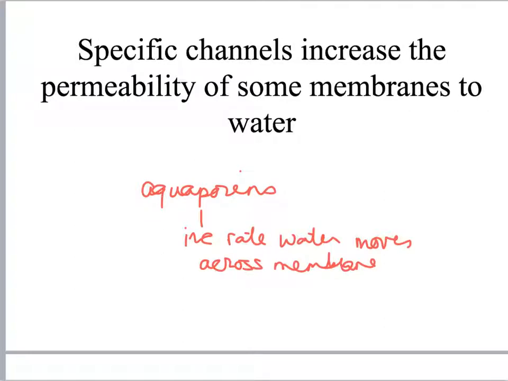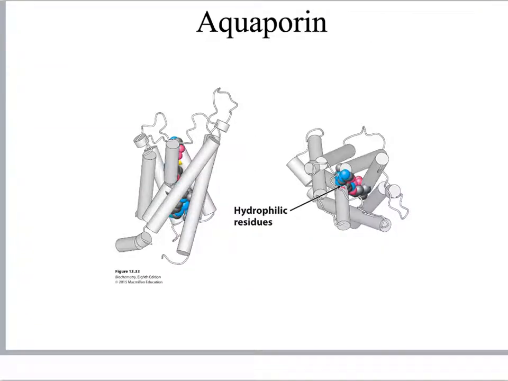So aquaporins allow for specific and rapid movement of water molecules through the membrane. And here we just see the structure of the aquaporin. Because we're moving water through that pore, the inside is going to be lined with hydrophilic residues, so that water can interact with it, and it helps facilitate the movement of water.